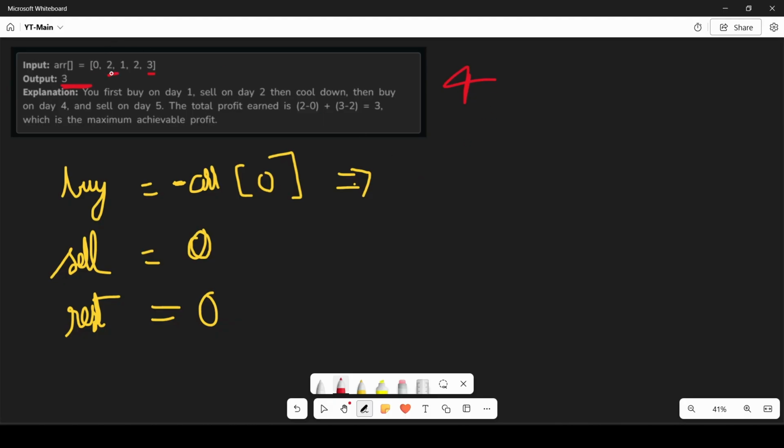Say I reach 2, I can buy 2. These are the two possibilities I have. So I can either stay with what I have, which is buy by itself, or I can take what I used to have, which is rest, and subtract the price.